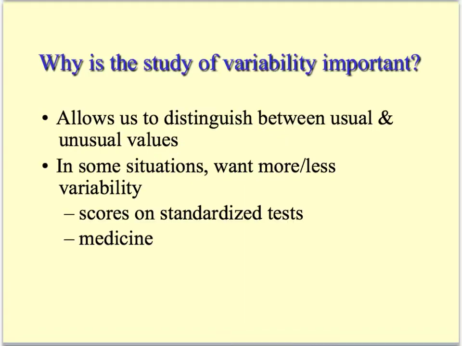Measures of variability allow us to distinguish between usual and unusual values. Because sometimes you want more variability and other times you don't. The 2 examples we have here are scores on a standardized test or scores on any test. You would not want a large spread. You would want a smaller spread, because that means people did about the same on the test.